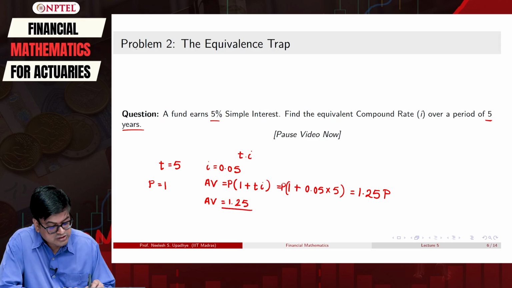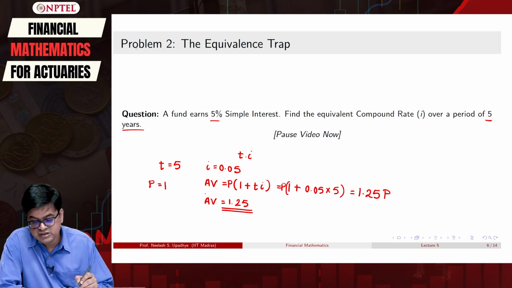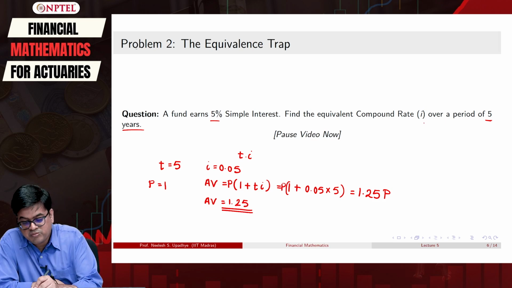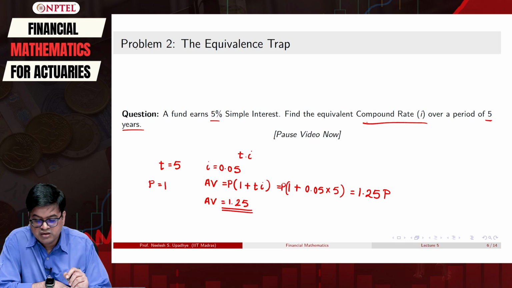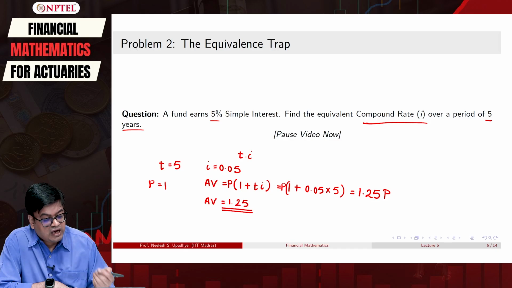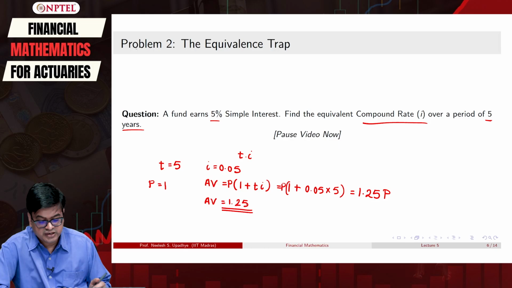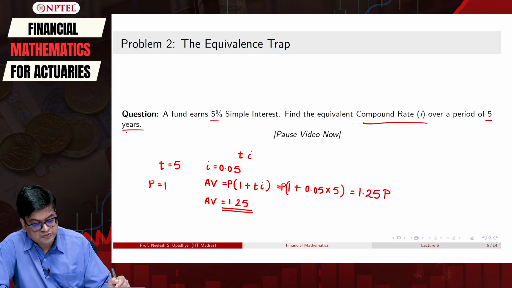Now I want to see how, in 5 years, if I use the compound interest rate model, I will get this 1.25 as an answer. So there are how many years? 5 years.